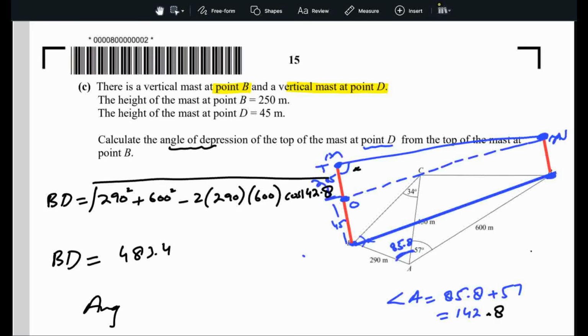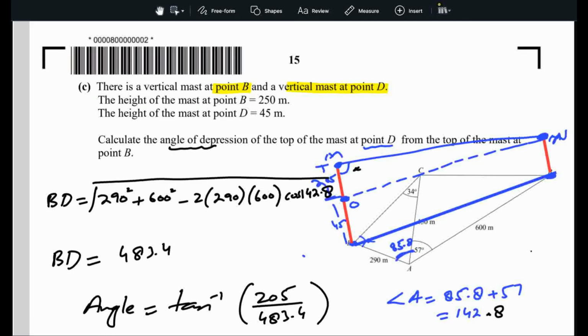Now we can easily find the angle. So angle will be equal to tan inverse of perpendicular by base, so 205 divided by 483.4.